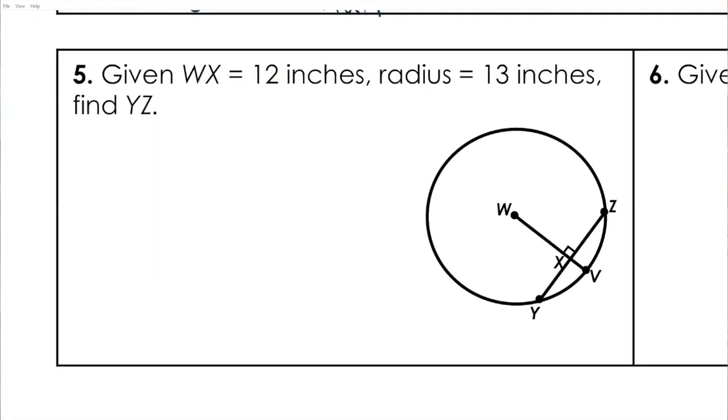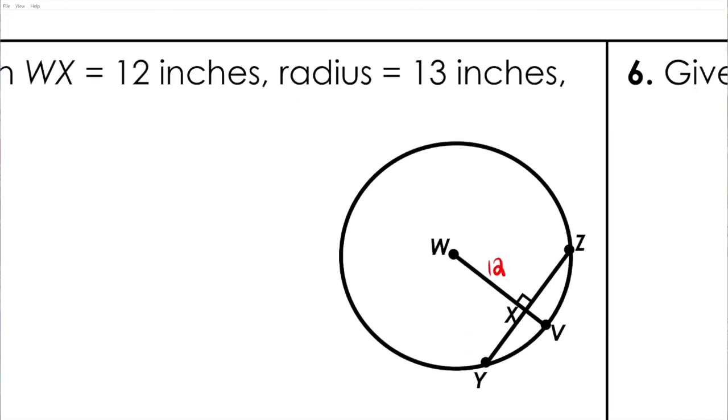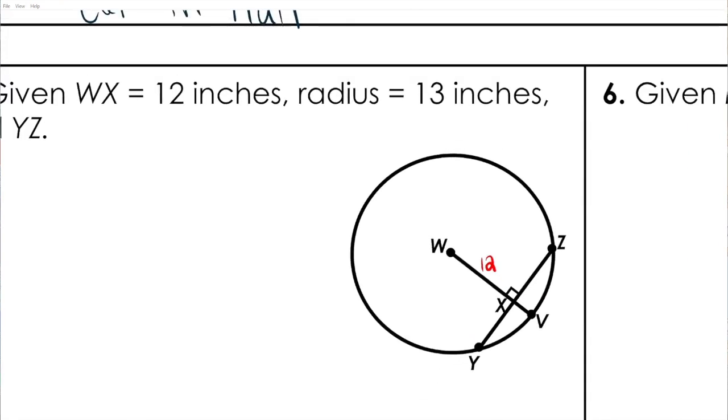All right. So given WX is 12, we'll go ahead and pop that in there. The radius is 13. Oh, they hit us off with a harder question to start. What do we know about any radii in a circle?